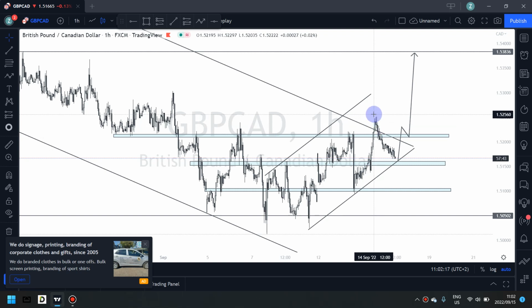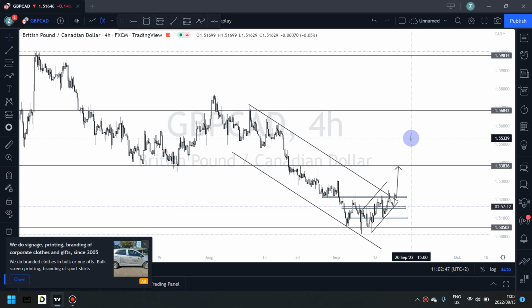And today when I checked, it's pushing down. When I checked today, the market was almost around my stop loss, so I removed my buy stop and catered for new opportunities. So this is what I have on this GBPCAD pair.